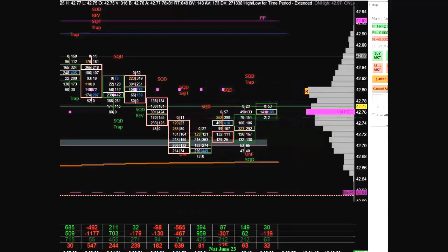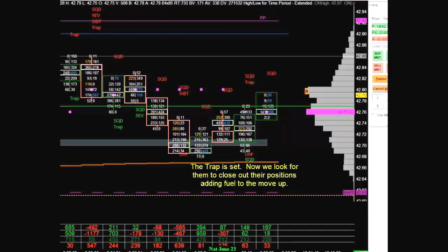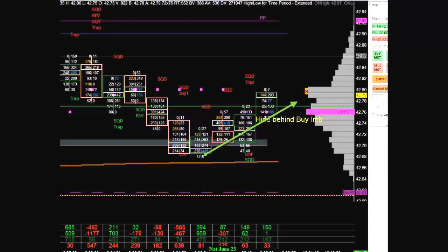So what we're looking for is once the price action actually overtakes the sellers, you're looking for them to get out of their trades. A lot of times that happens at the market when you get a stop. So these are stop runs beneath and then stop runs above, and that's what adds fuel to this trade.